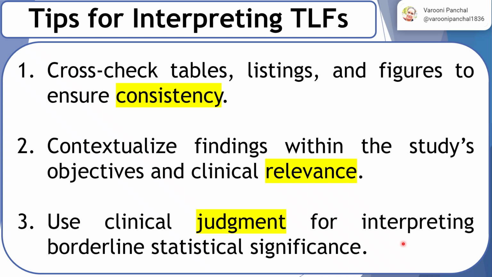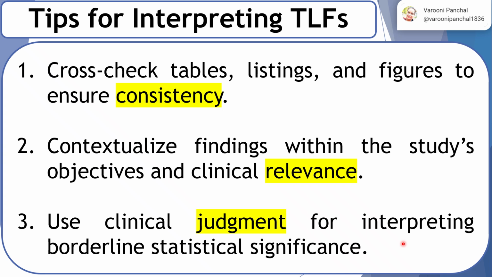Once you add that information, your interpretation will be meaningful. And whatever statistical significance interpretation you have done should be in alignment with the clinical relevance, comparable to the clinical terms and perspectives present in that clinical trial study.